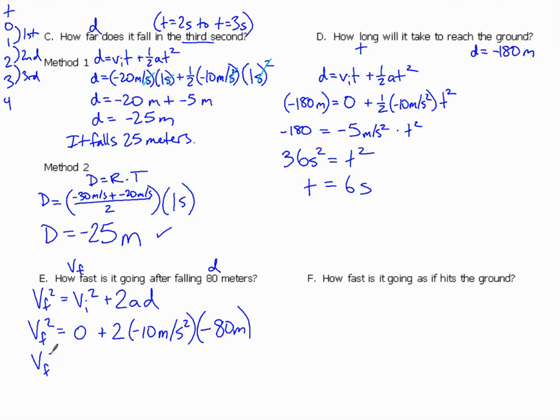So final velocity squared equals 1,600 meters. Taking the square root of that, that was meters squared per second squared, excuse me. Taking the square root of all of this, we get 40 meters per second.